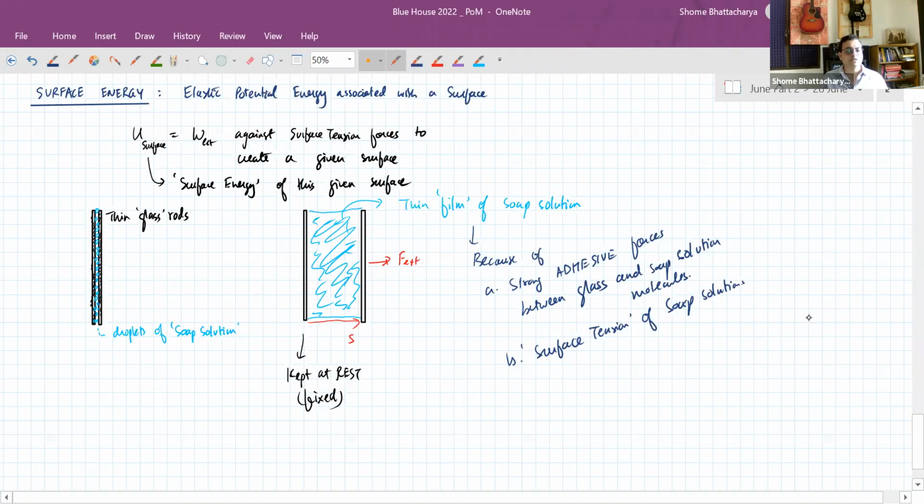So if you take a cross-sectional view of this situation, you will see that it looks something like this. Let me draw a sort of magnified cross-sectional view of this. So these are our two glass rods.